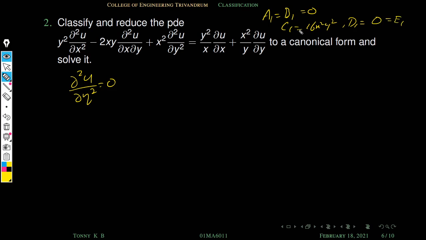Okay, after evaluating psi x, psi y, everything, and substituting, we get a1, b1, c1, d1, e1 like this.